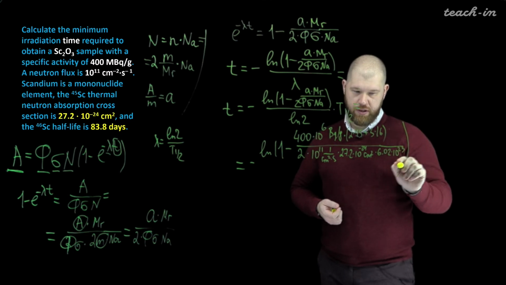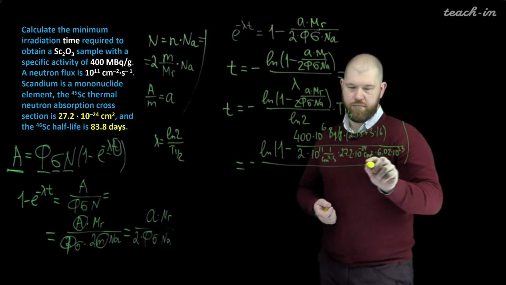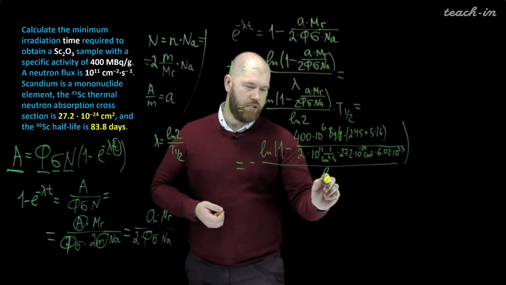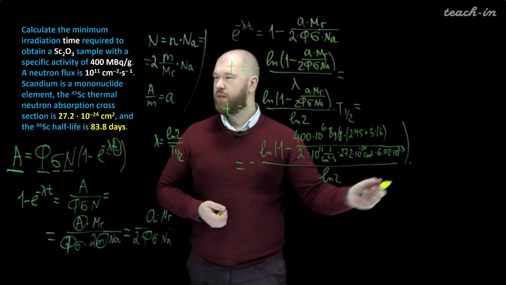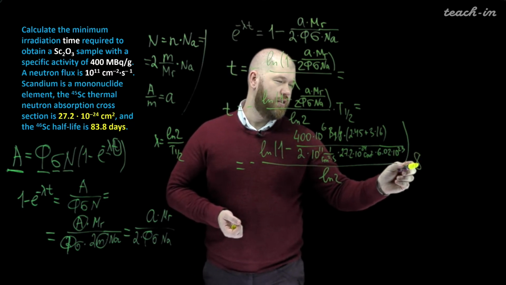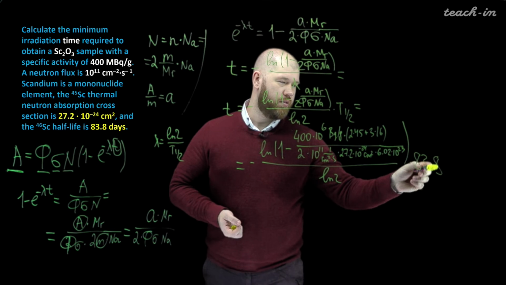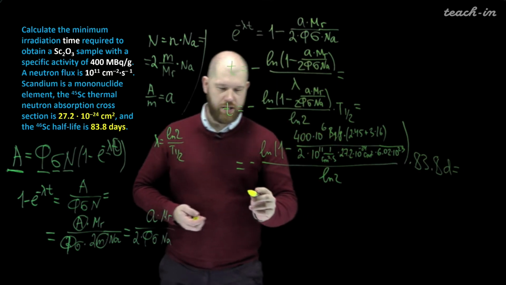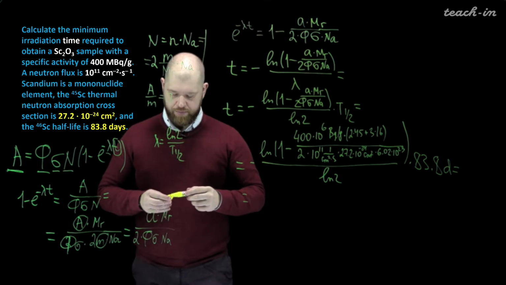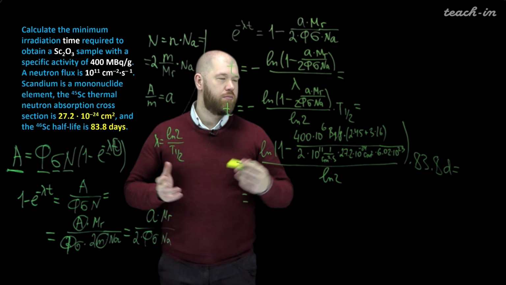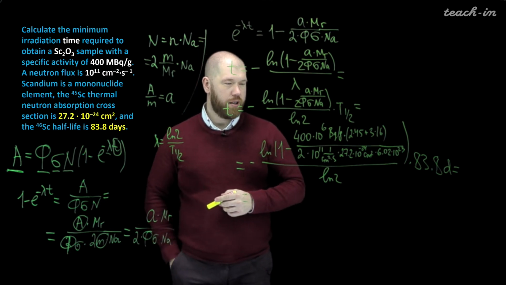So, this is our first bracket. We divide it by logarithm of 2 and multiply it by the half-life. In this case, we can take just days, because we are not asked to find the time in seconds or in minutes or in hours, so we can take what we would like.